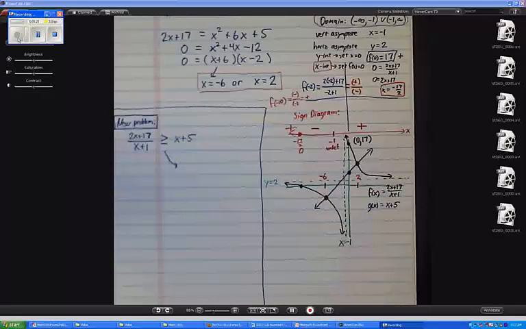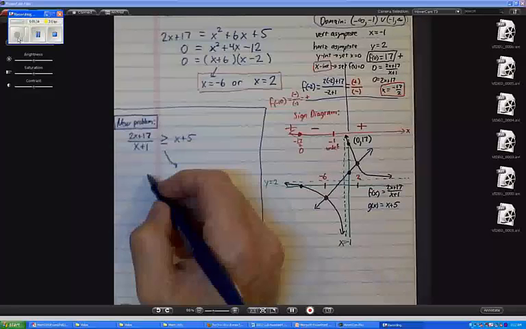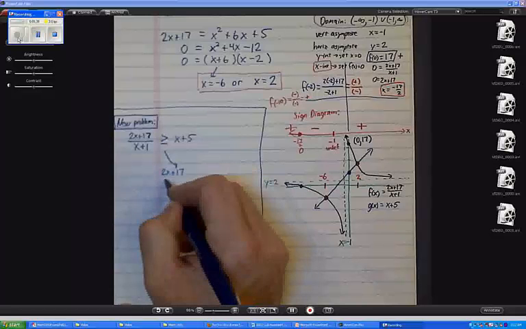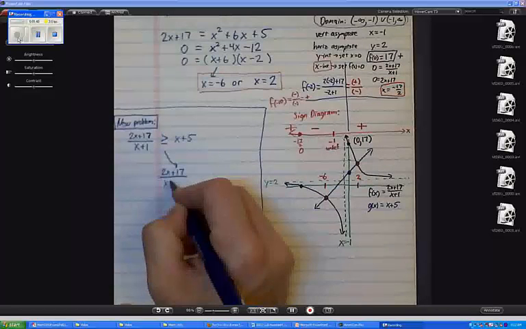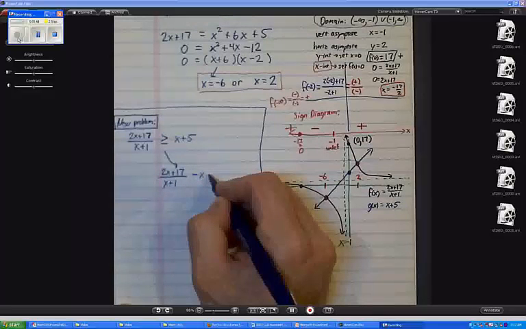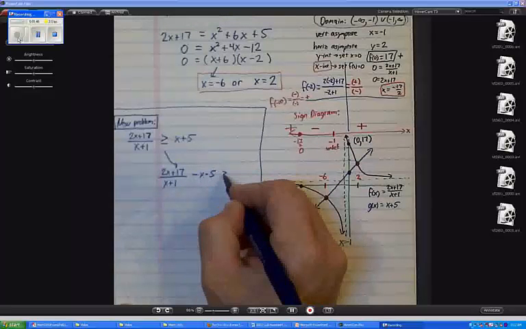And so what I'm going to do instead is the idea of setting the inequality equal to 0. Okay? Let's set the inequality equal to 0. So I'm going to write 2x plus 17 over x plus 1 minus x minus 5 is greater than or equal to 0.